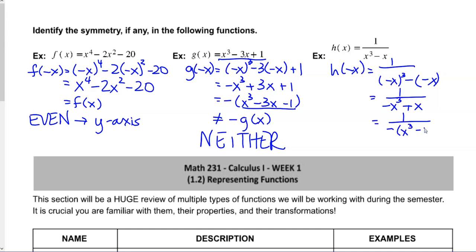For a rational function, whether I have that negative down below, up top, or completely out front, I can move it into whichever area I want. Oops, that should be an h. So notice I do actually get the opposite of the original h of x. Therefore, this is an odd function, which constitutes symmetry over the origin.